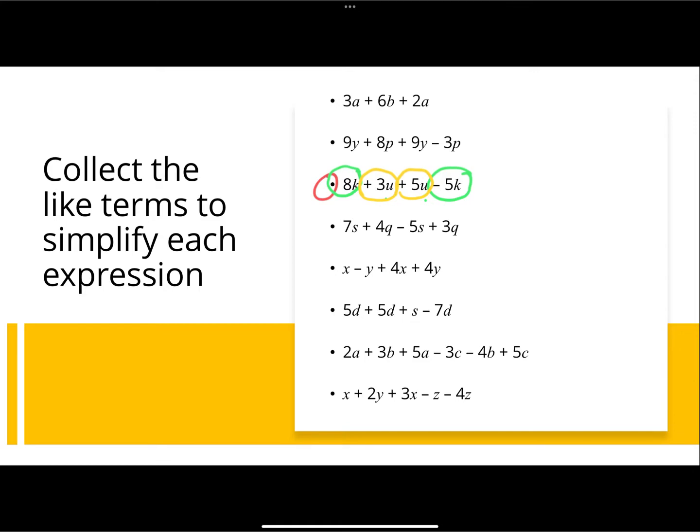So my first step is to rewrite my equation putting my k's together, and I'm going to make sure that my 8k is a plus. So I start at 8k, and then I'm going to take away 5k. I'm now looking at my u's. I've got plus 3u plus 5u.